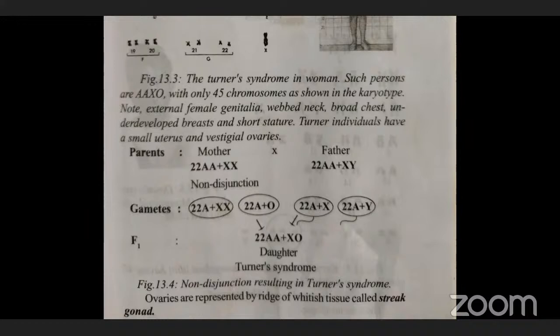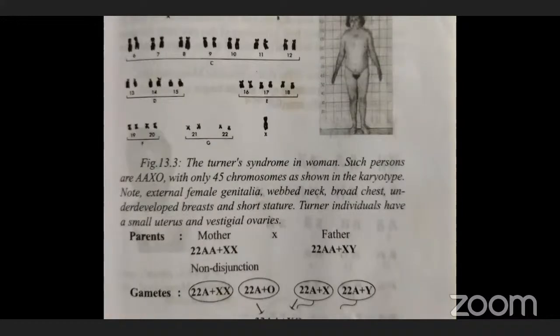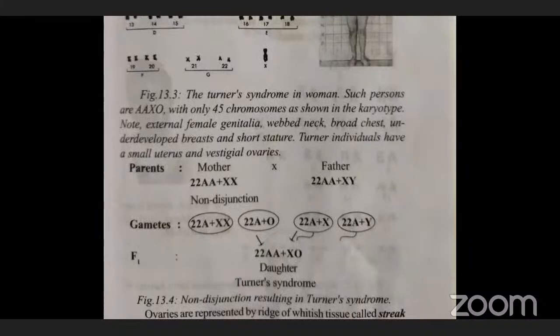She has a female phenotype, but there is no menstruation. Clear? The ovaries are represented by a ridge of whitish tissue, which is called streak gonad.